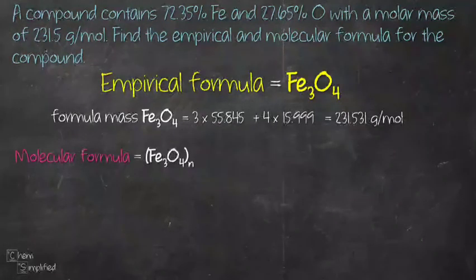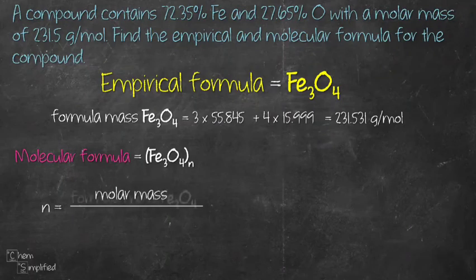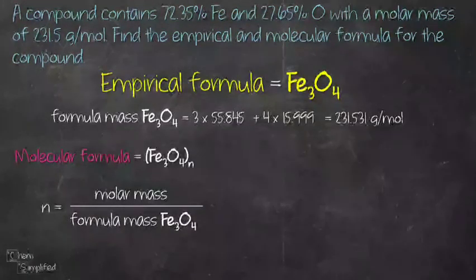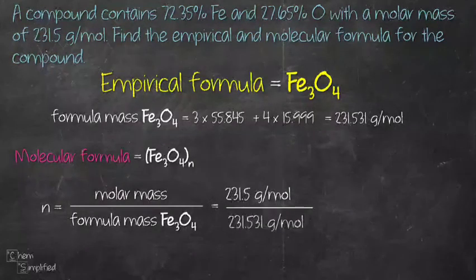After that, we have to find the molecular formula. To find the molecular formula, we need N value. That N value is found by N equal to molar mass divided by formula mass. Molar mass already given in the sum, that is 231.5 gram per mole, is divided by formula mass 231.531 gram per mole.